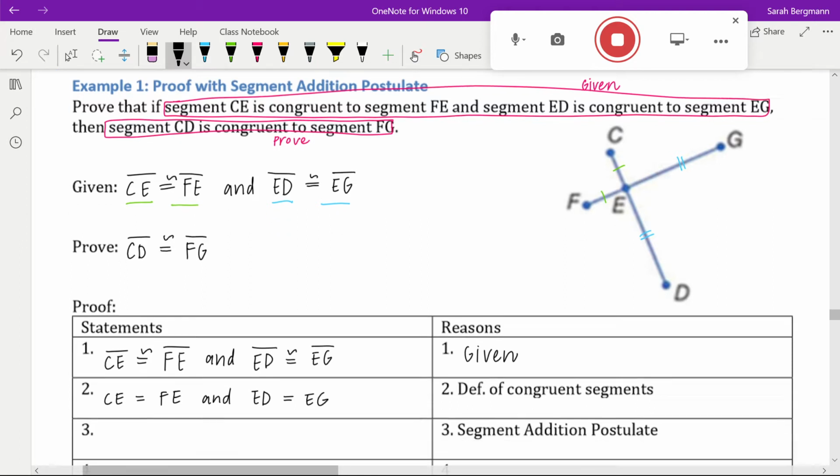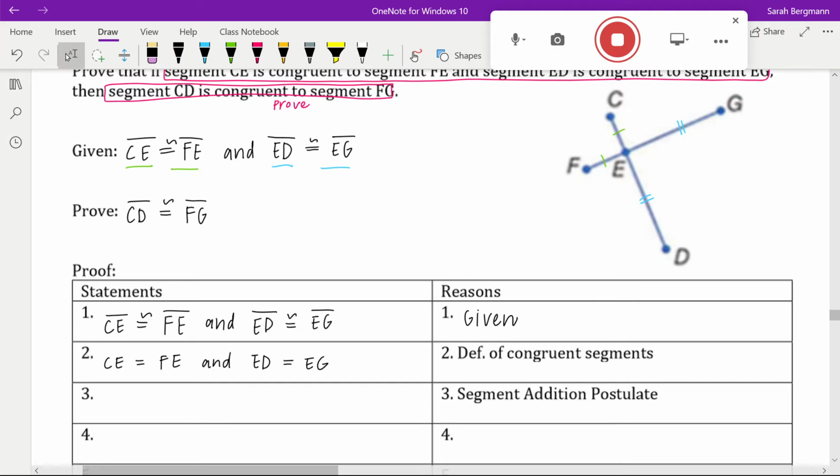Next, it says use segment addition postulate. So I'm going to use segment addition postulate for segment FG first. I know that FE plus EG would have to equal FG.